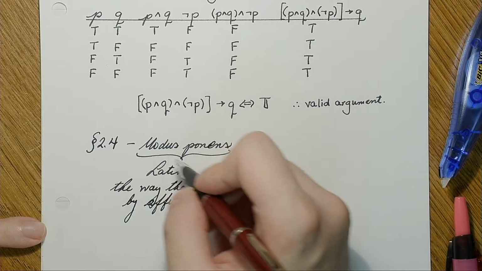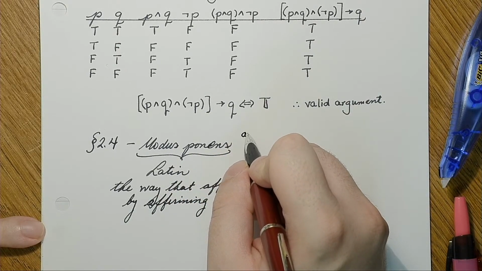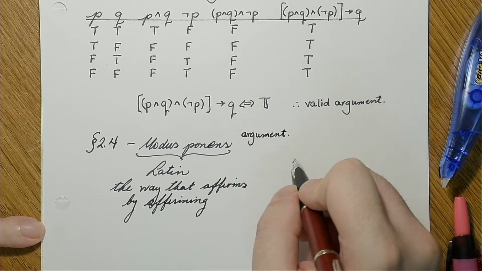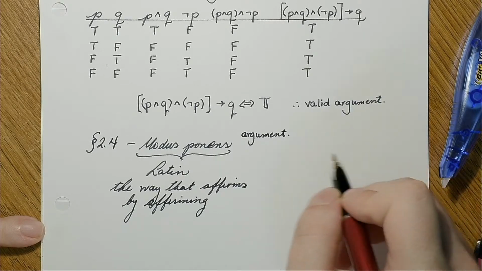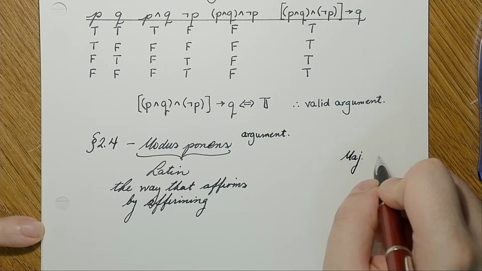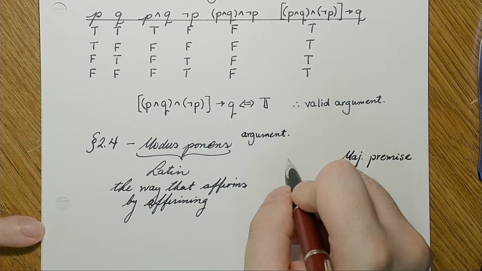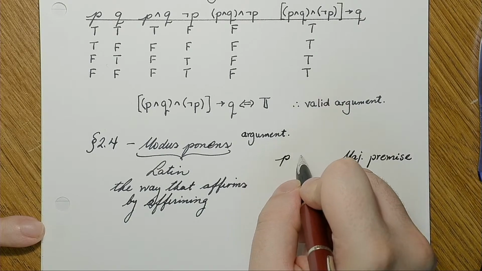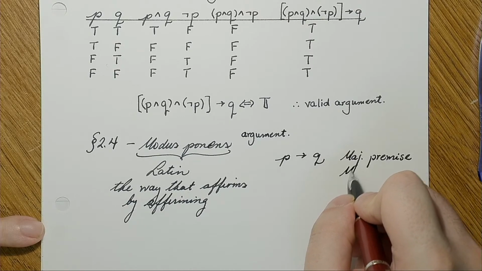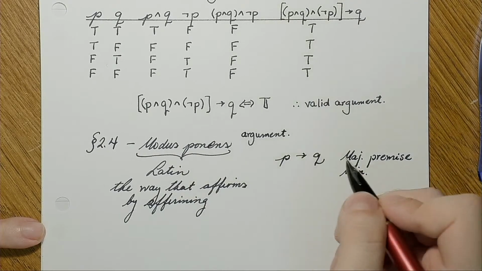And what this is, is just kind of an argument. It's a structure of an argument. The major premise, we start with an implication, so P implies Q. That's what they mean by affirming. So we're going to affirm that this is true.